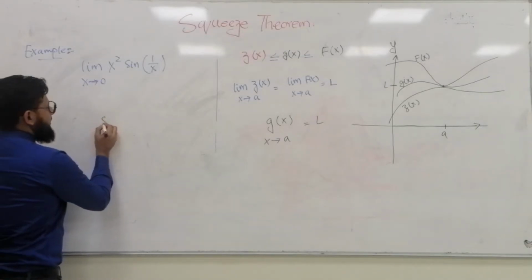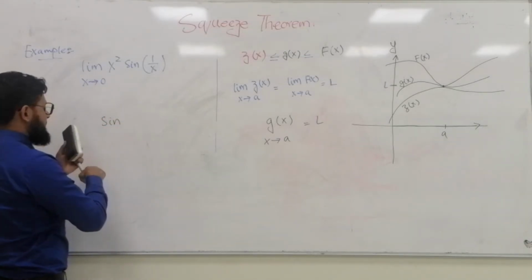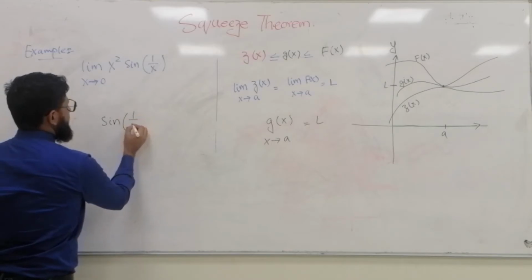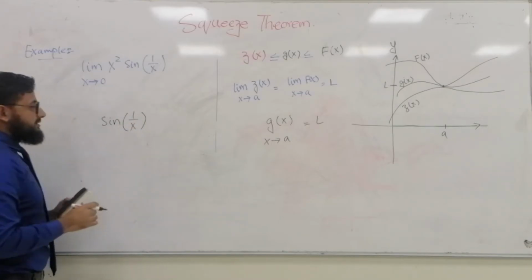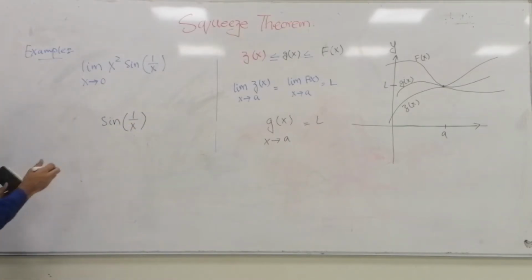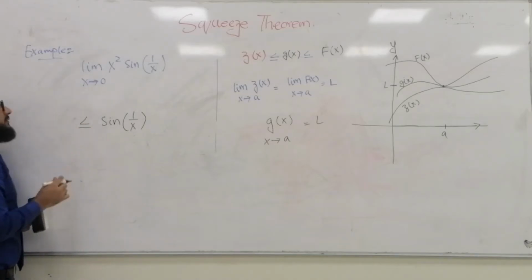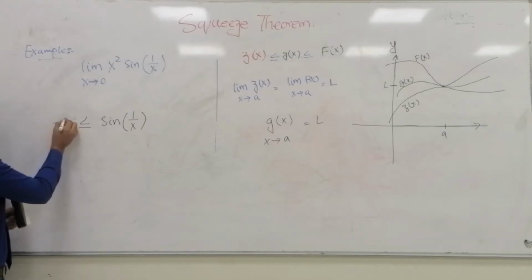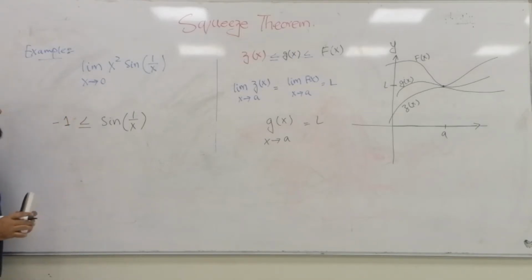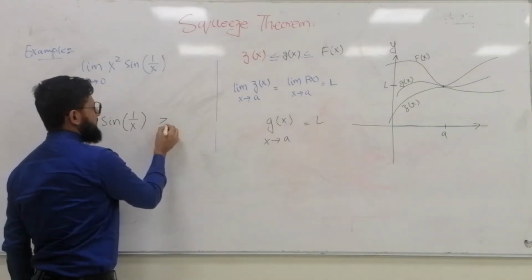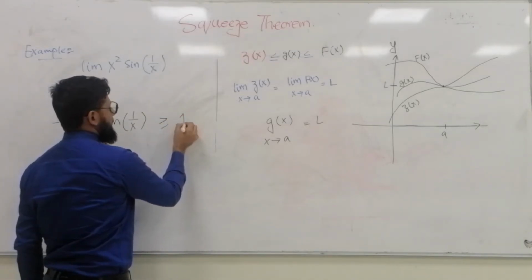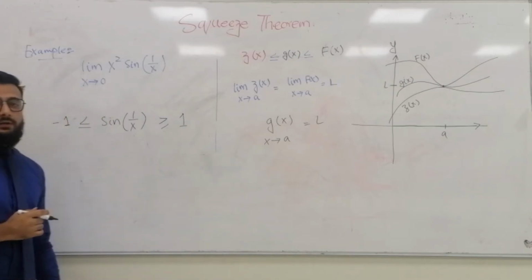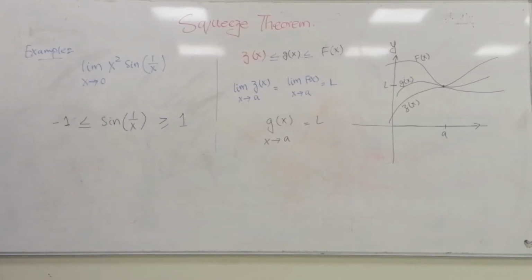Well, there is one thing I already know about sine of any value, right? The sine value cannot be less than -1. It can be equal to -1, but it cannot be less than -1. And on the other side, I know that it cannot be more than 1. Okay?